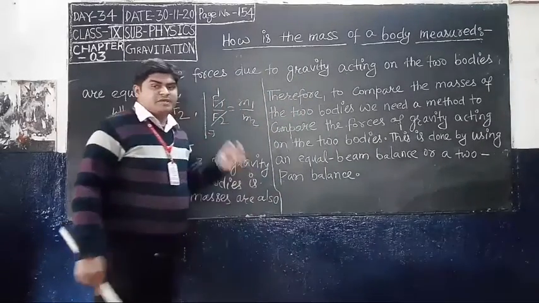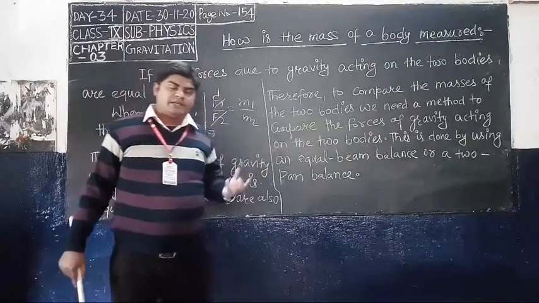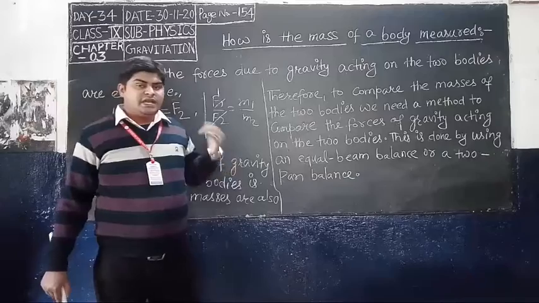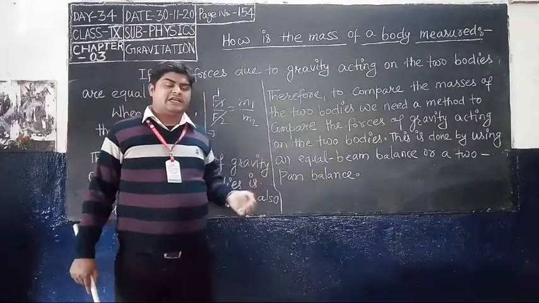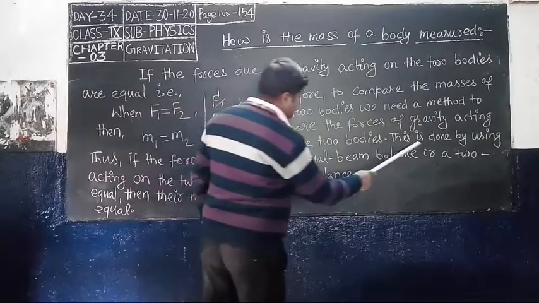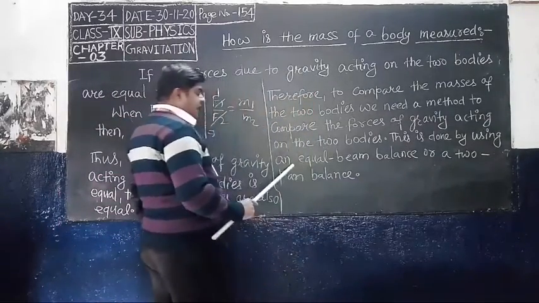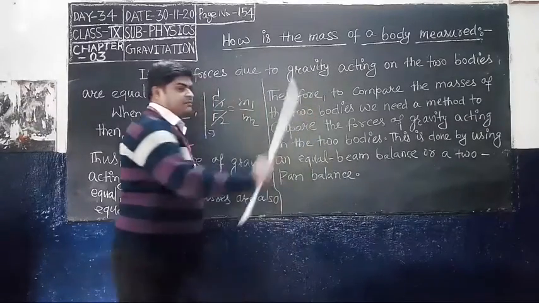That means to compare the masses of two objects, we need to find the value of gravitational force acting on them. This is done by using an equal beam balance or a two-pan balance.